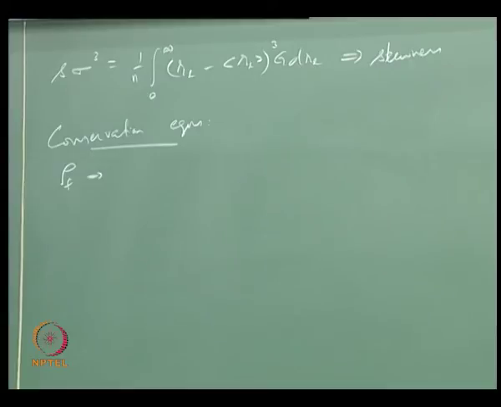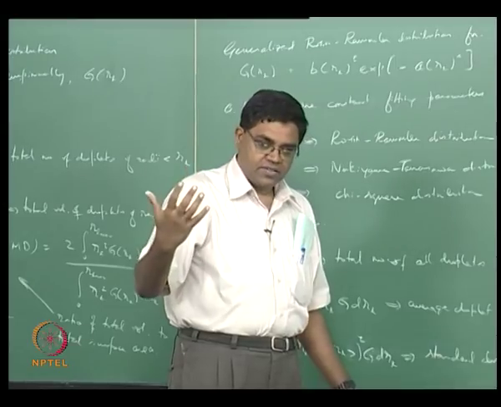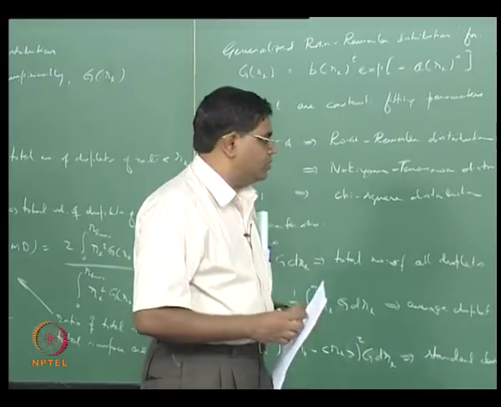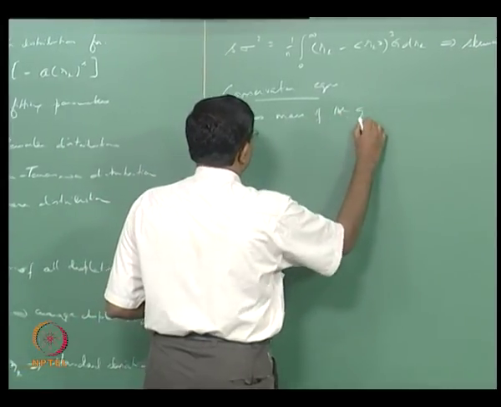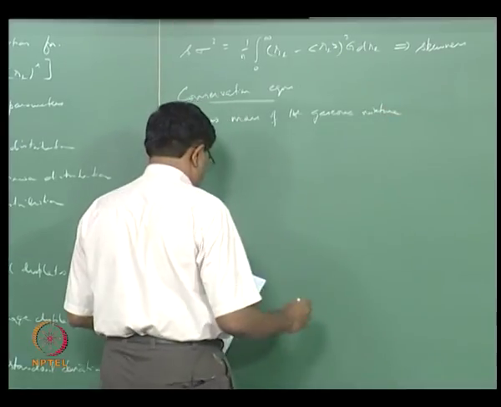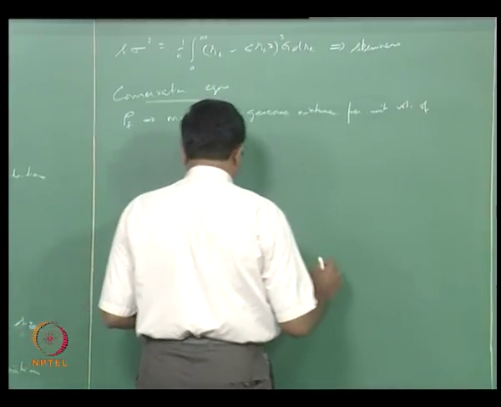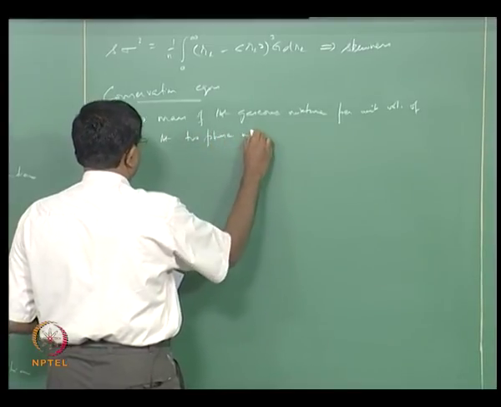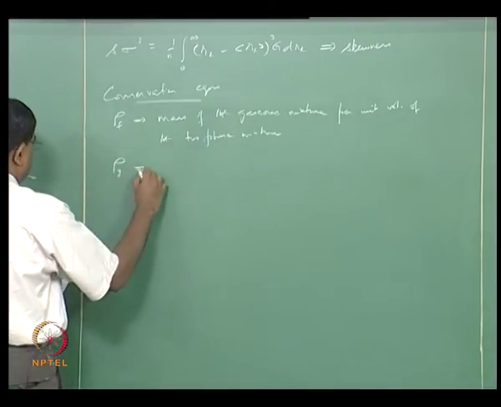So you now have a two-phase mixture with droplets and gas, and the gas in turn is a mixture of gases, alright. The rho g is actually the gas density.